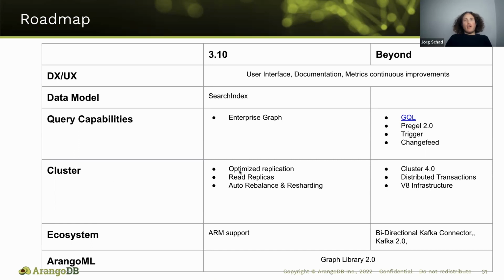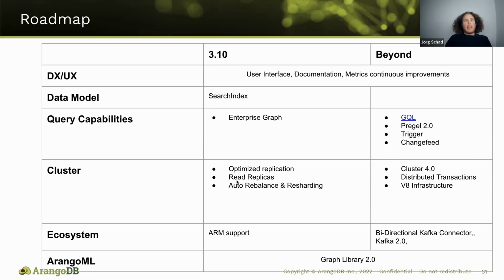In terms of clusters, we'll introduce probably a first version of optimized replication, and secondly, read replicas. Right now, when you might be using a one shard or also just a normal cluster, you will only be working together with the leader out there.